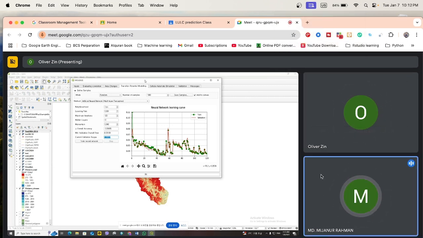Now, in this case, you can see the x-axis: 0, 20, 40, 60, 80, 100 and 120.